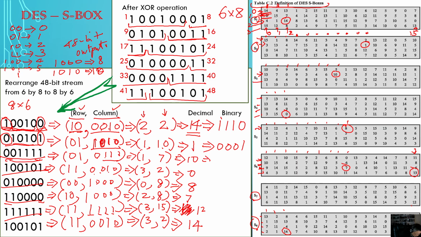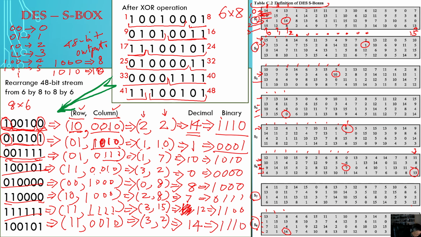10 is 1010. And 0 is 0000. 8 is 1000. 7 is 0111. 12, what is 12? It's 1100. 14 is 1110.